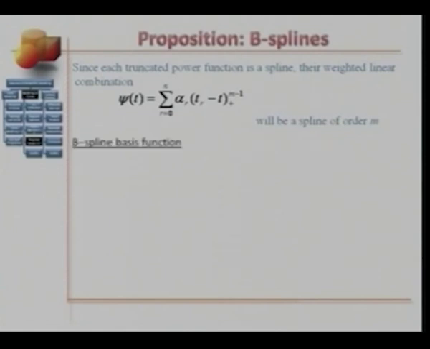And so we had mentioned that a B-spline basis function is the mth divided difference of the truncated function f(s; t), which is equal to (s minus t) truncated raised to m minus 1.